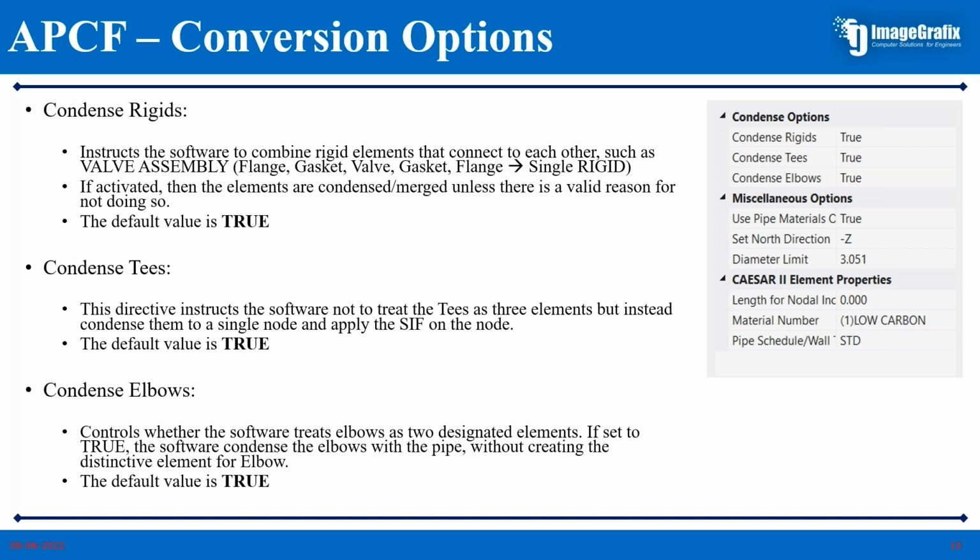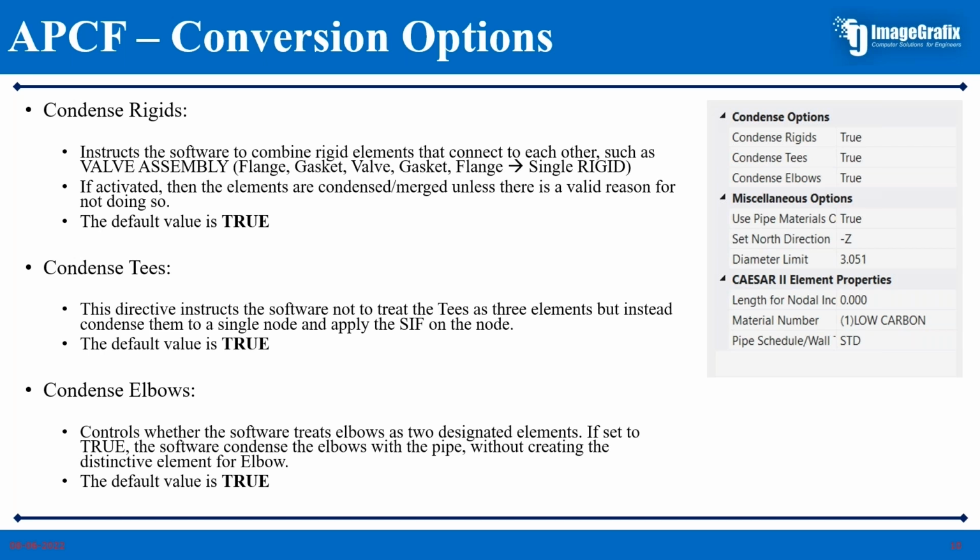When you are converting this model to CAESAR II, I might require it as flange, valve, flange, or I might have it as a single element. So if I make it true, the entire assembly will be a single rigid element in my CAESAR II window with the combined weight given to that single element.